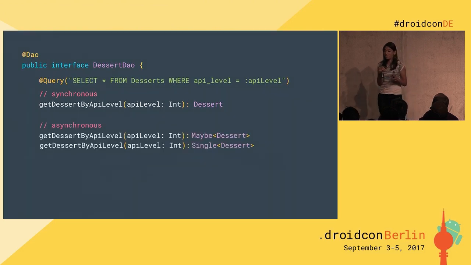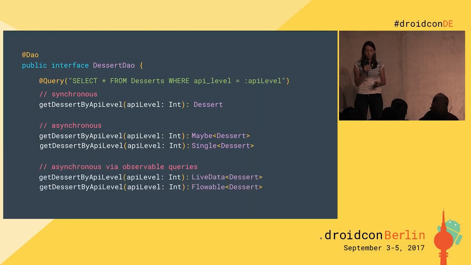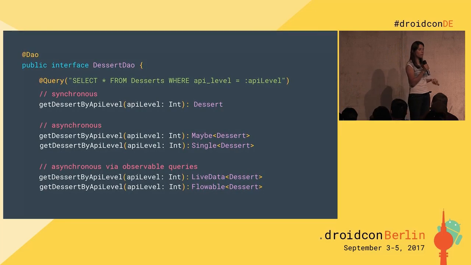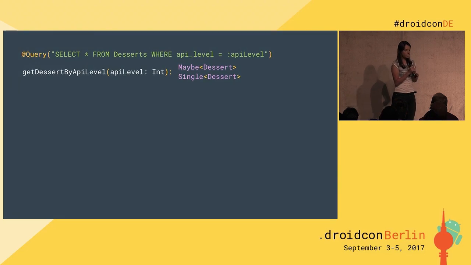So I can do this by returning a Maybe or a Single, but also asynchronously via observable queries. These observable queries return LiveData, which is a data holder object, also part of the architecture components, or a Flowable from RxJava.